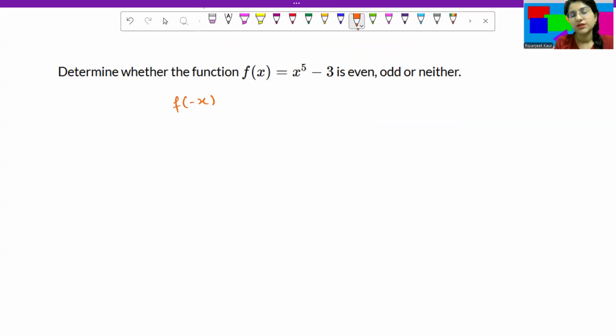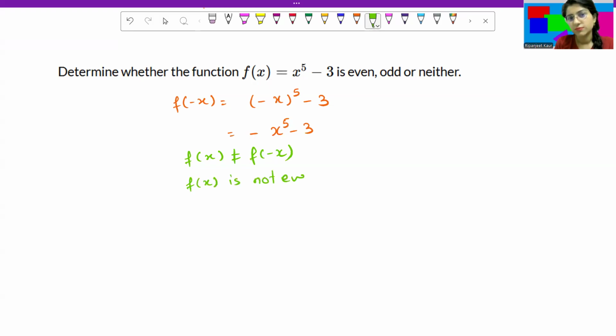So over here again we check f of minus x. So it comes out to be minus x raised to power 5 minus 3. Odd power, that means negative x raised to power 5 minus 3. And over here we see that f of x is not equal to f of minus x. That means f of x is not even.